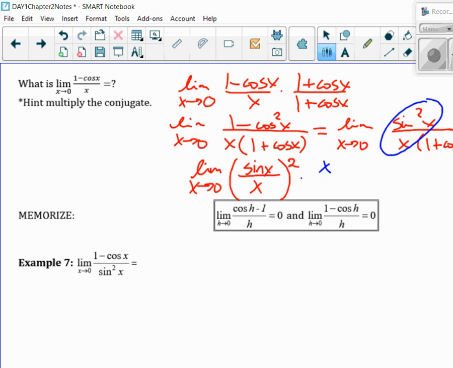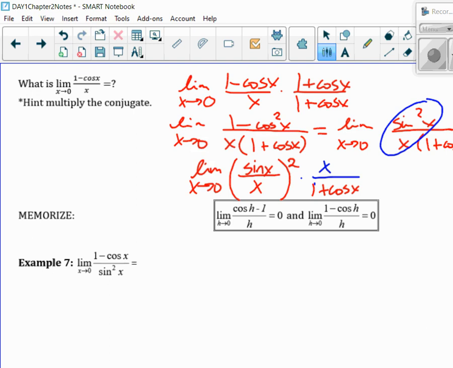I'd still have the x, which was the original thing. And then this will be over 1 plus cos x. Is everybody good with what I did? It's kind of crazy, but yeah. Actually, I should do this in red pen because that was from the beginning here. 1 plus cos x.